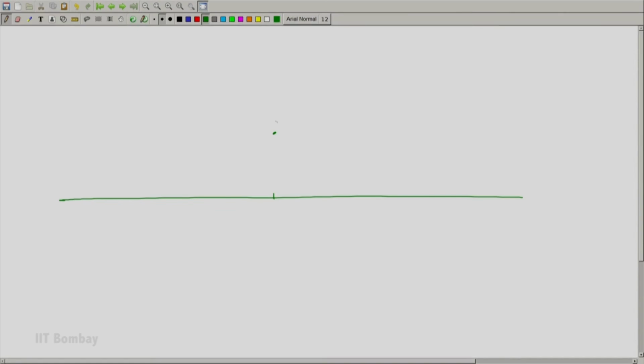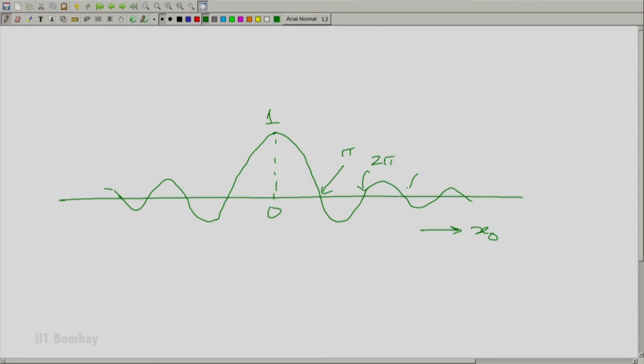It is going to be 1, as you know, at the point 0, and then it is going to have oscillations that become smaller and smaller, and nulls at all multiples of pi. Now, we will use this in the next session to draw some conclusions about the quantity that we are trying to evaluate. Thank you.